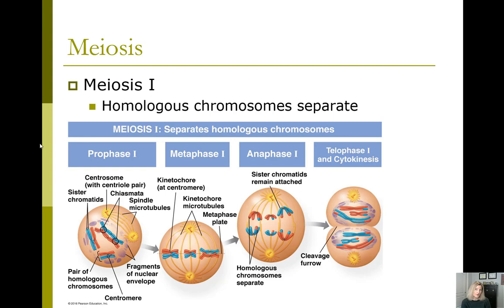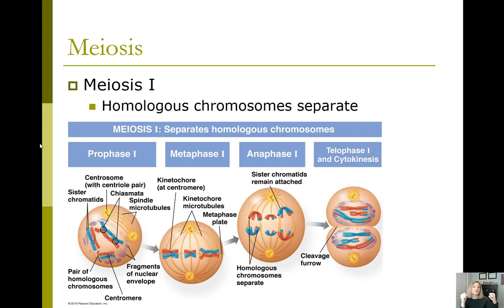Now, meiosis follows the same progression of phases as mitosis. Remember, in mitosis, we had the PMAT from the Amoeba Sisters video: prophase, metaphase, anaphase, telophase. Meiosis has that same order of events, it just happens twice. So we go through prophase part 1, metaphase part 1, anaphase part 1, telophase part 1, ending with cytokinesis, splitting the cells into 2.